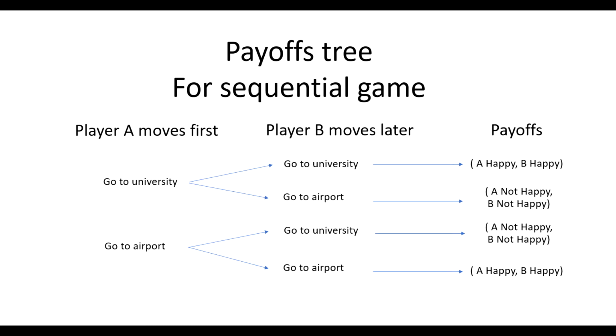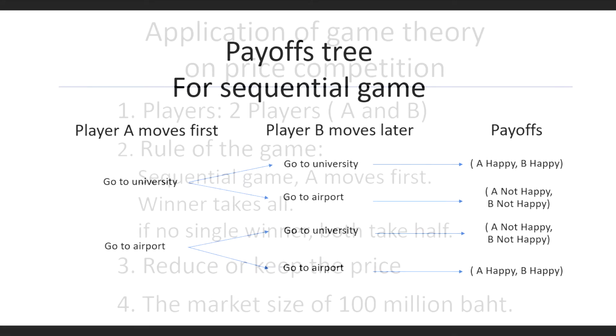Now, with some miscommunication, they are both unhappy. And the last one, if player A goes to airport but player B goes to university, they are both unhappy as well.